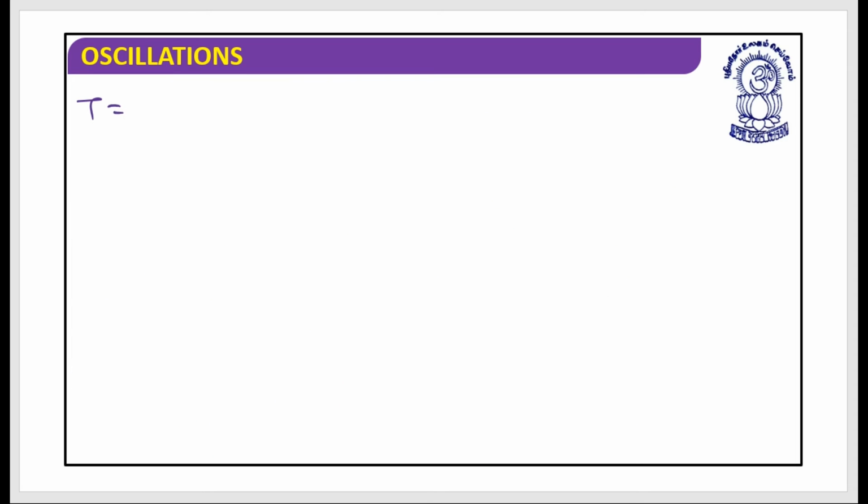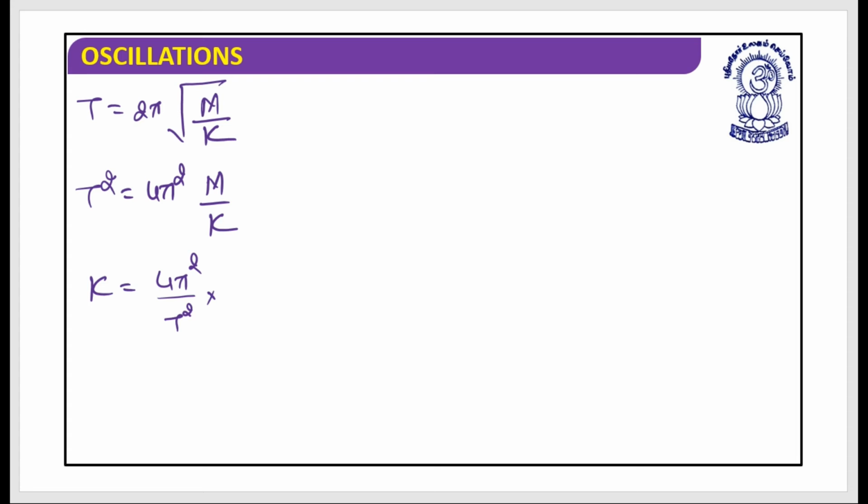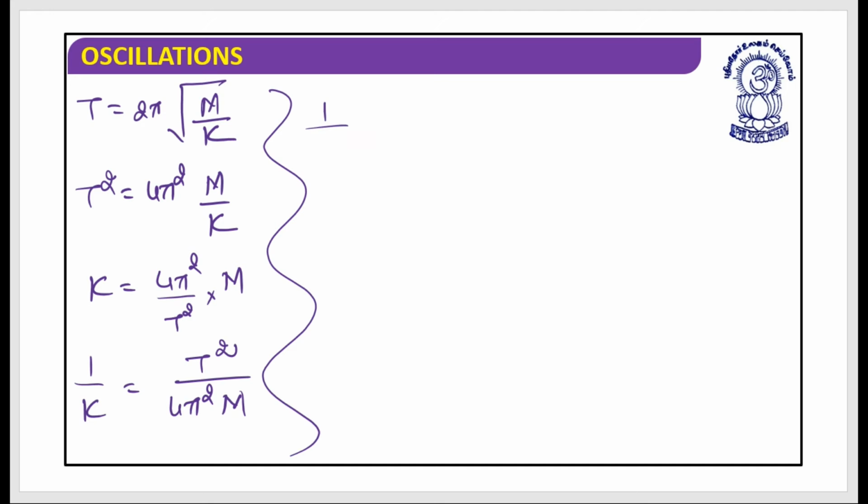We know that the time period of oscillation is given as T equals 2 pi root of m by k. From this, T square equals 4 pi square into m by k, so k equals 4 pi square m divided by T square. Or, if I want 1 by k, then it is T square divided by 4 pi square m. This will be my master formula. I have 1 by k equivalent equal to 1 by k1 plus 1 by k2. As they said, the block remains the same.